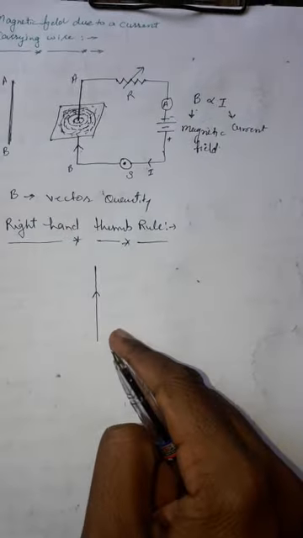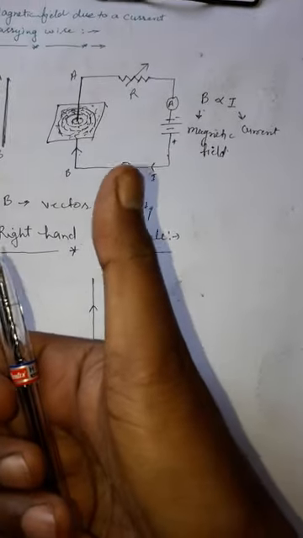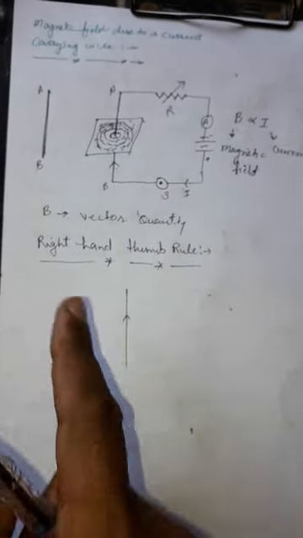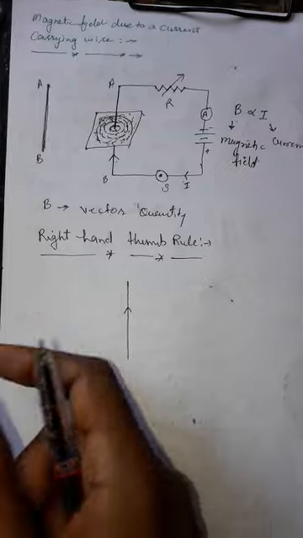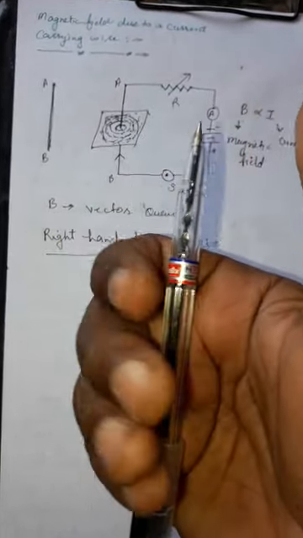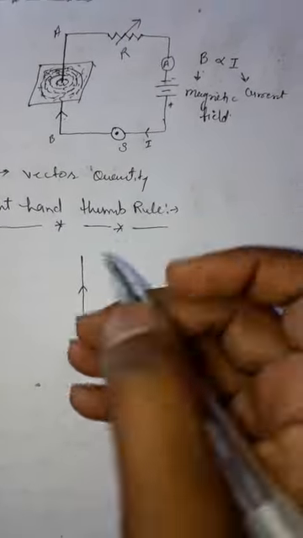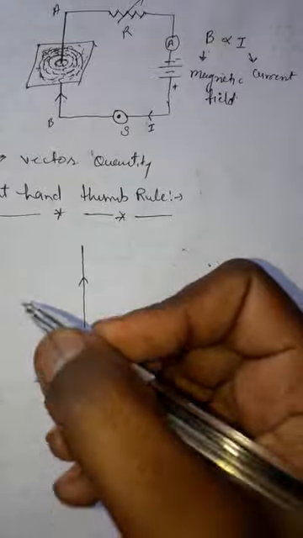So if here is a wire and current is in the upward direction, and we place our right hand like this, then towards the left of this wire, what is the direction of the field? It is perpendicularly outward. So on the left side of this wire, the magnetic field will be outward.